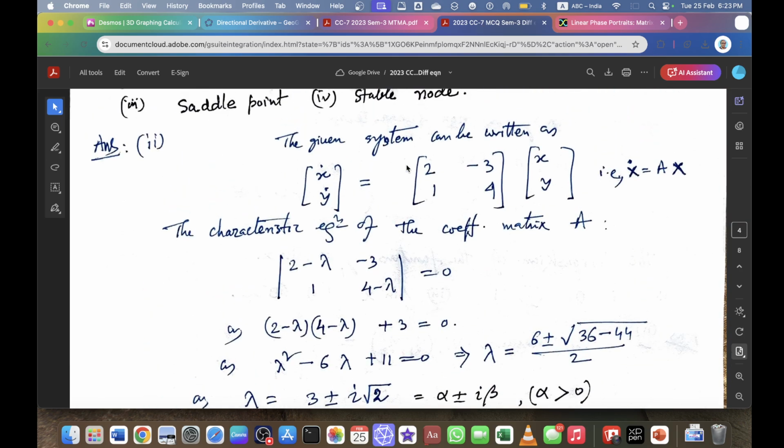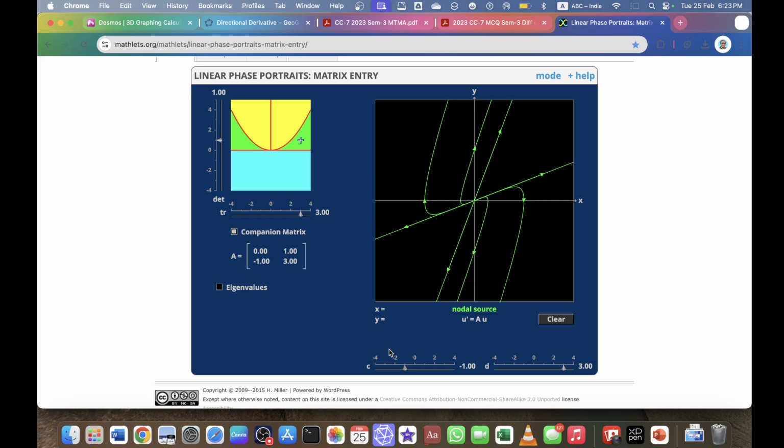Here the coefficient matrix is 2, minus 3, 1, 4.